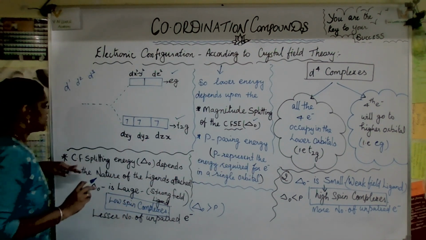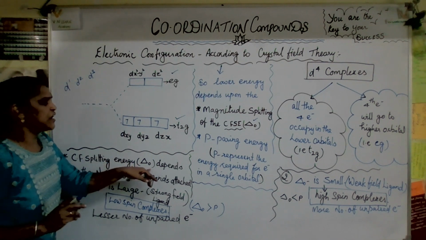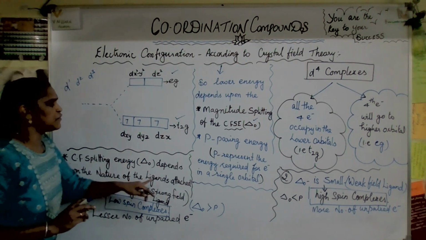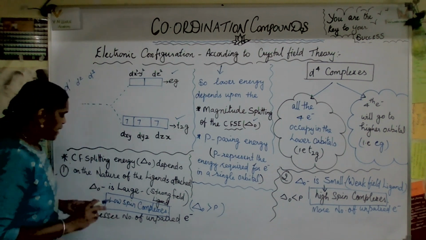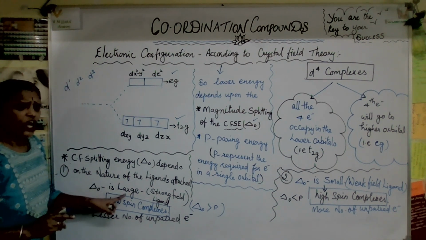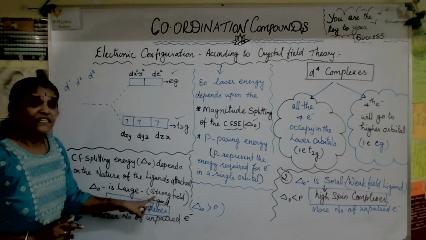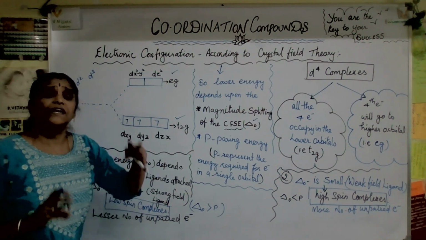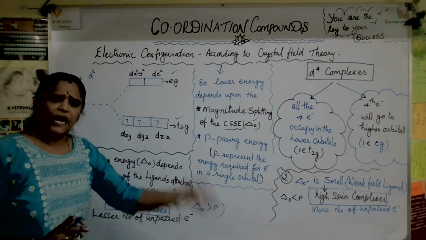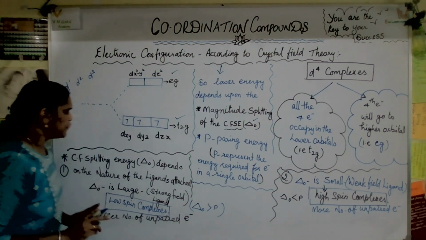Now, crystal field splitting energy, delta naught, depends on the nature of the ligand attached to the free metal ion, right? If delta naught is larger, that means it is definitely a strong field ligand.